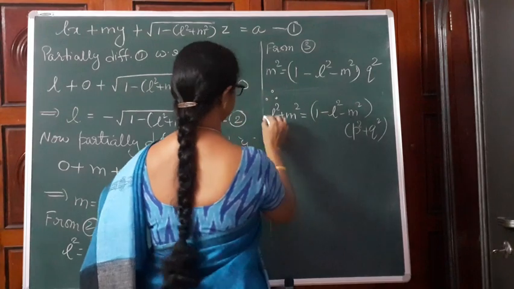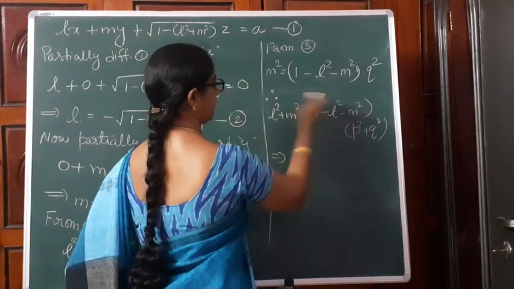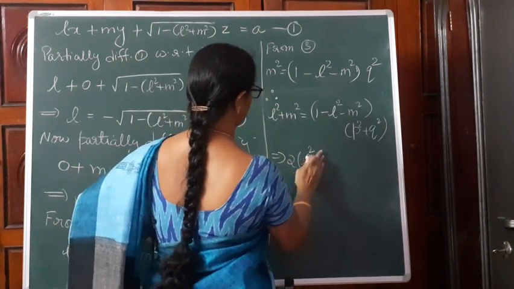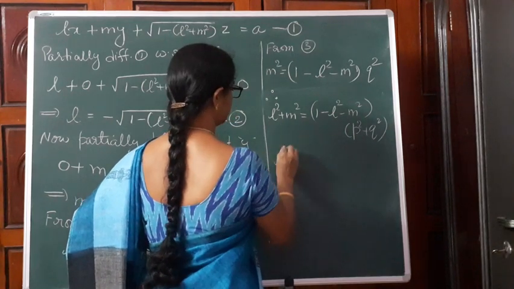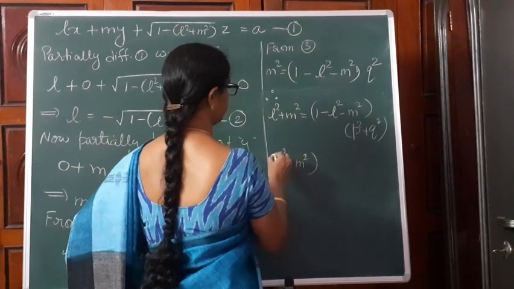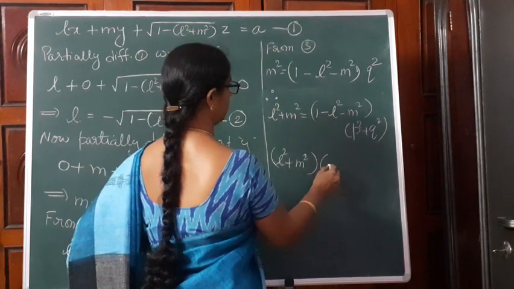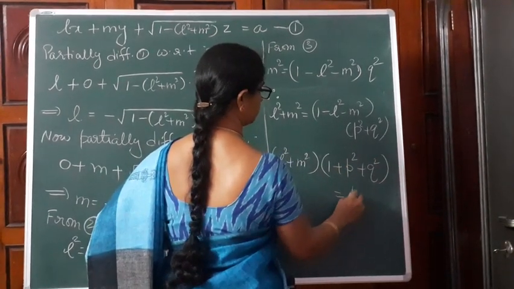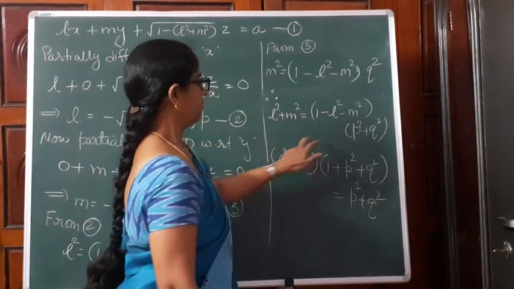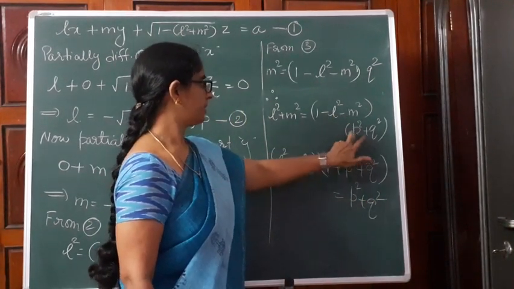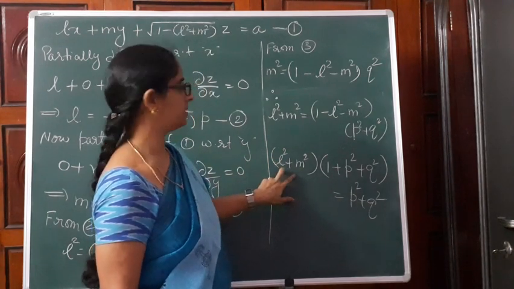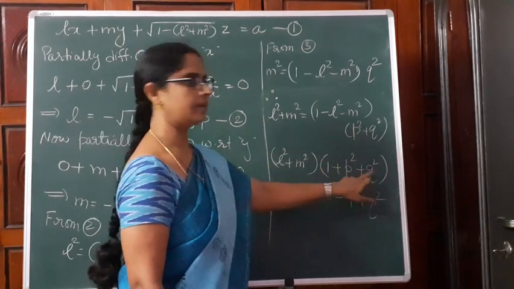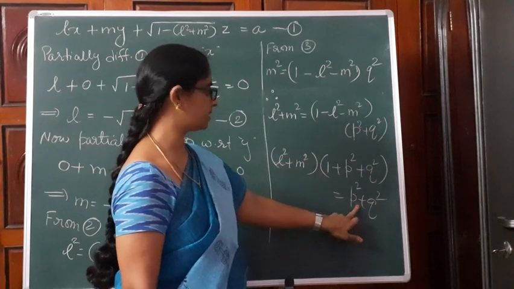What we do here is, we bring this L square plus M square into P square plus Q square towards the left hand side, and we take L square plus M square common, so that we get L square plus M square into 1 plus P square plus Q square, and on the right hand side we have 1 into P square plus Q square.